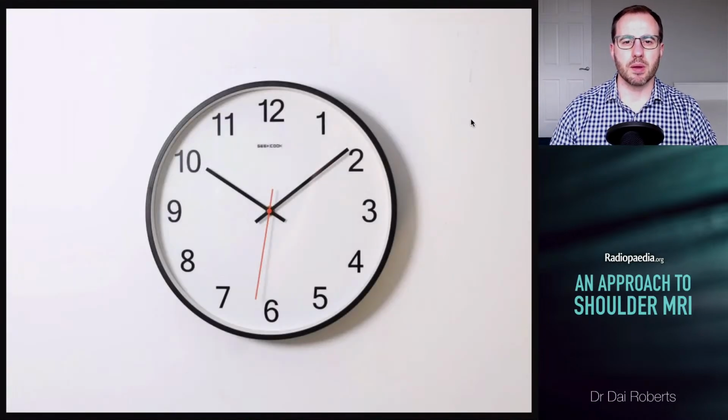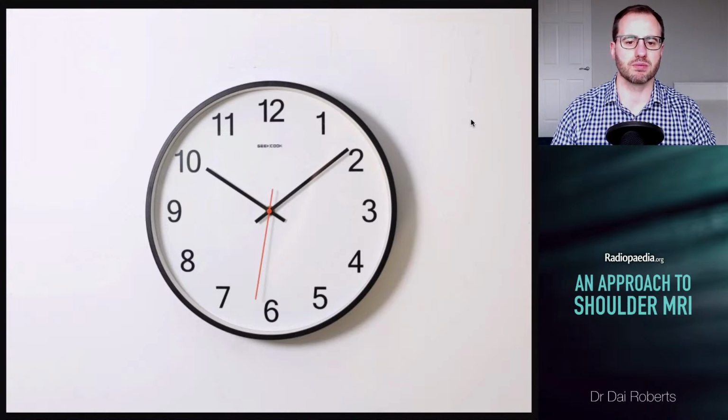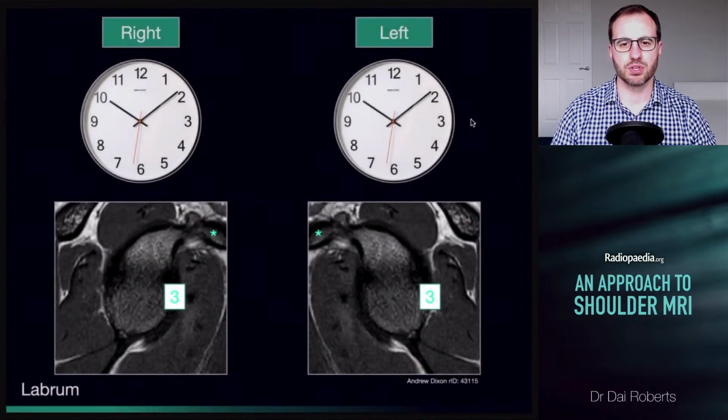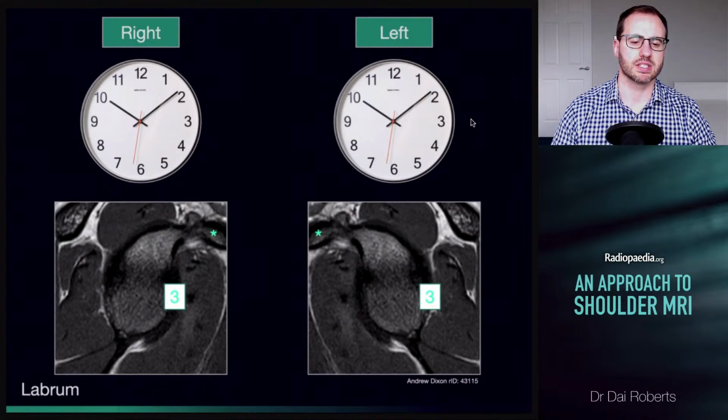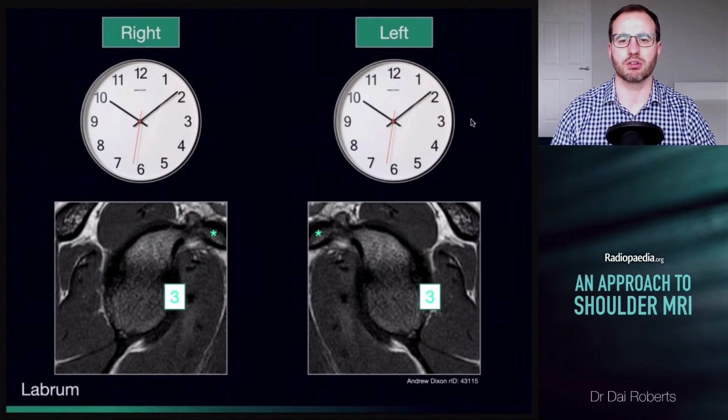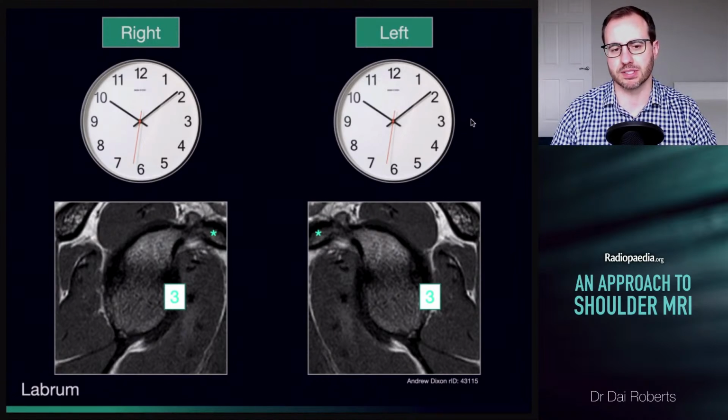We've talked a little bit about the clock face there, and occasionally it can confuse people, and we need to make sure that we're conveying our findings well to the surgeons so they understand exactly what we're saying. The confusion does come because of the reverse positions of both the sagittal oblique sequence and the clock faces. Hopefully we can all appreciate that there are two shoulders, left and right.